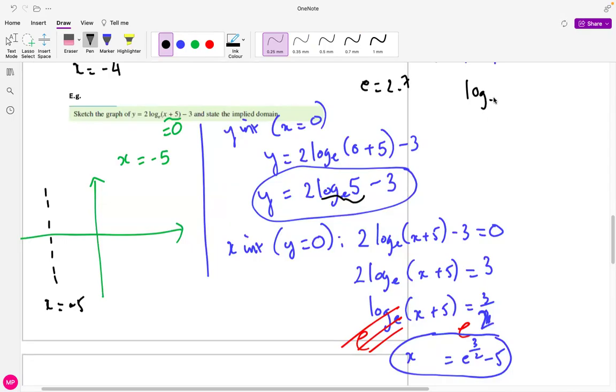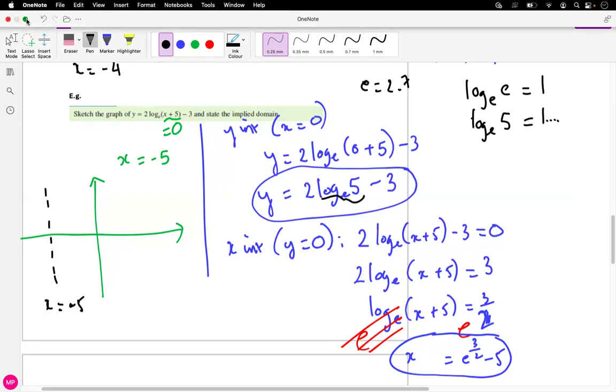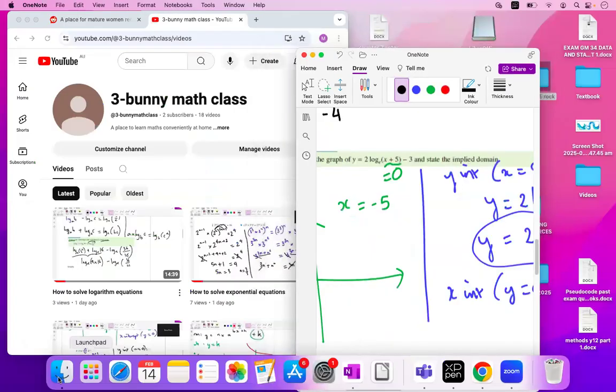So log a of a is 1, and log base 2.7 of 2.7 equals 1. 5 is a bit bigger than that, so log a of 5 is going to be 1 point something. I don't know what that is, but I know it's 1 point something. So 2 times 1 point something, then minus 3, depends on whether it's bigger than 1.5 or less than 1.5. So for this one, I would use a calculator.